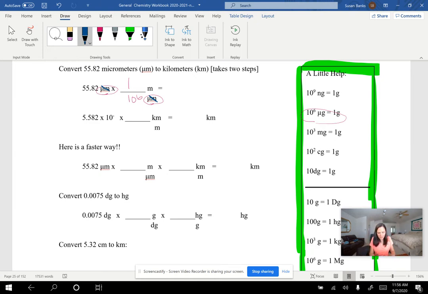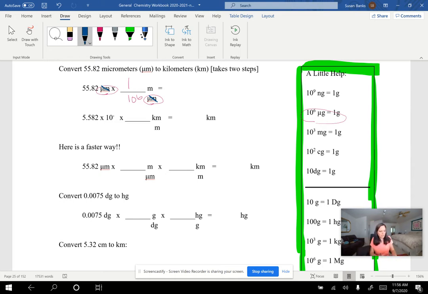So I'm going to take 55.82, and I'm going to divide it by 1,000,000, or 10 to the 6th. Now, I don't know about you if you've ever used the caret key right here, but that's how I did that 10 to the 6th. So I punched in 10, and then I punched the caret key, and then I punched in 6. That's what's going to help you with that right there.